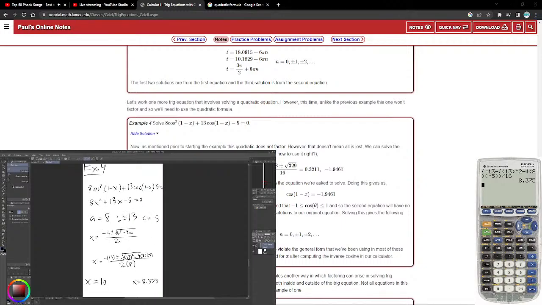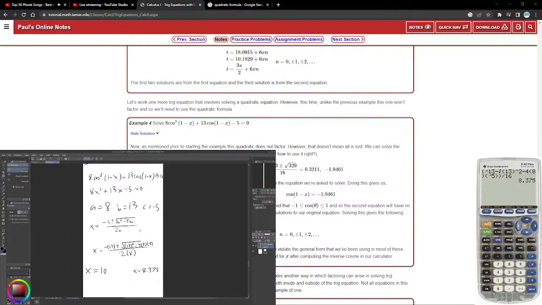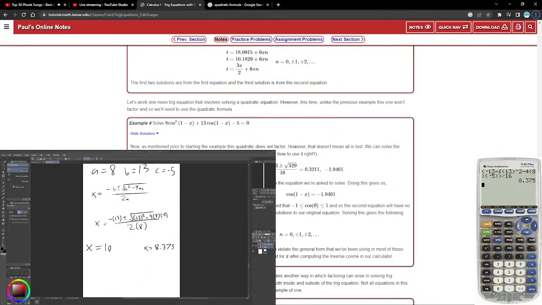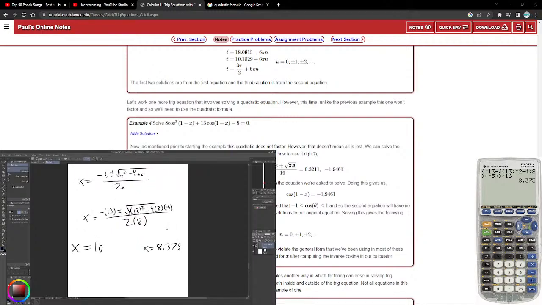I had 8x squared plus 13x minus 5 equals 0. A equals 8, B equals 13, C equals negative 5. So what would be inside the root? He got 329. 13 squared, 169.